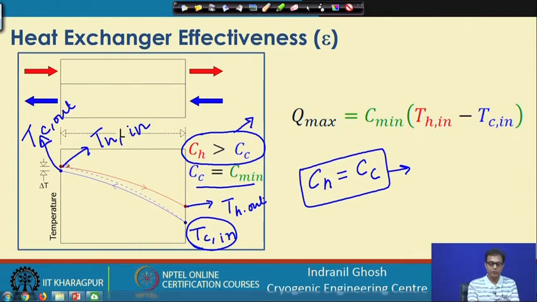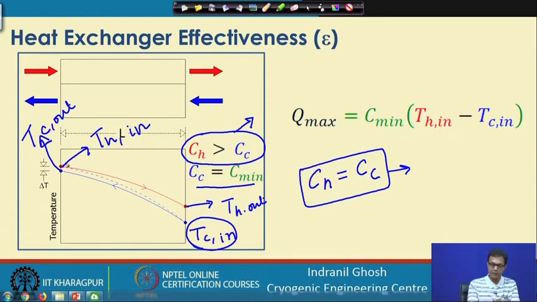So, we have to keep this in mind that while finding out the maximum difference in temperature, we have to identify the minimum capacity fluid, and the minimum capacity fluid is supposed to have the maximum difference in temperature.